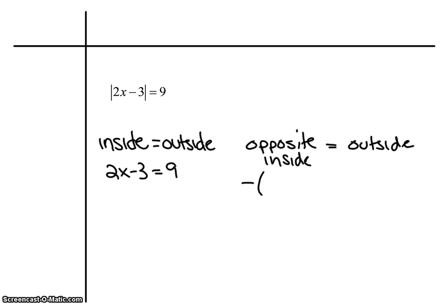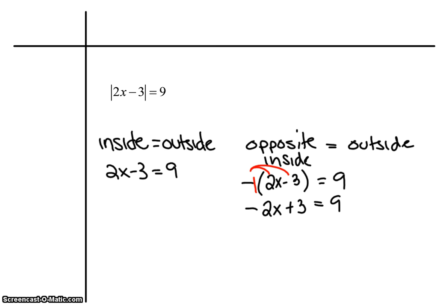One, you could do it this way, where I take the opposite of 2x minus 3. Don't necessarily read it as negative, but as the opposite. Or some of you may be able to just go in and take the opposite of the 2x, the opposite of negative 3, and solve it that way. If you set it up here, you'll get to the same point once you distribute that negative 1.